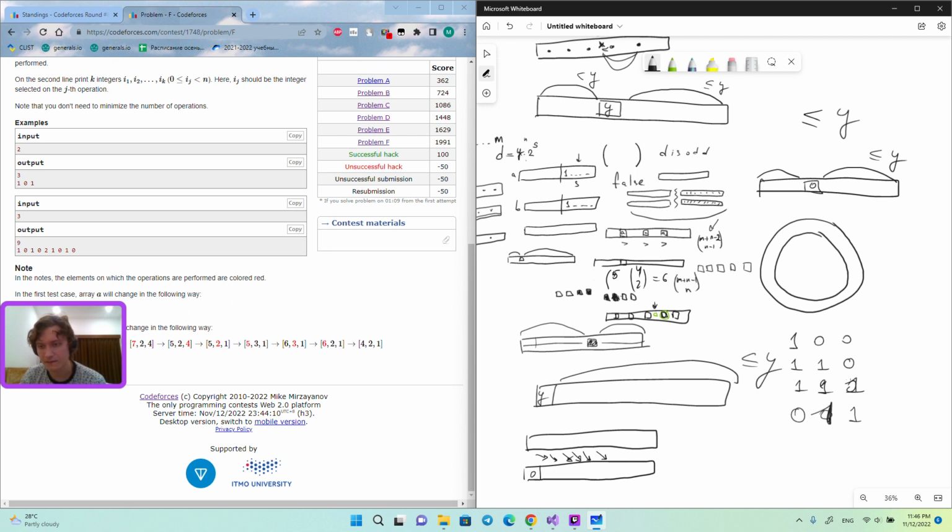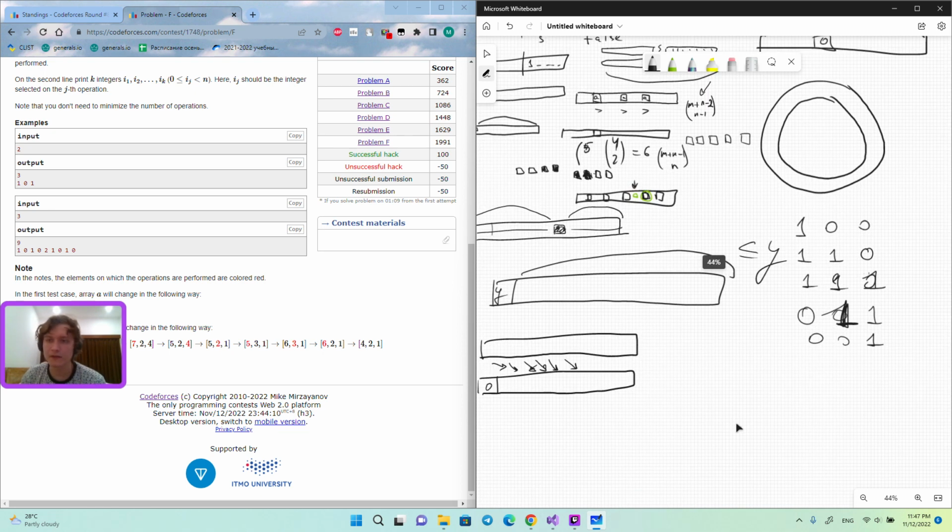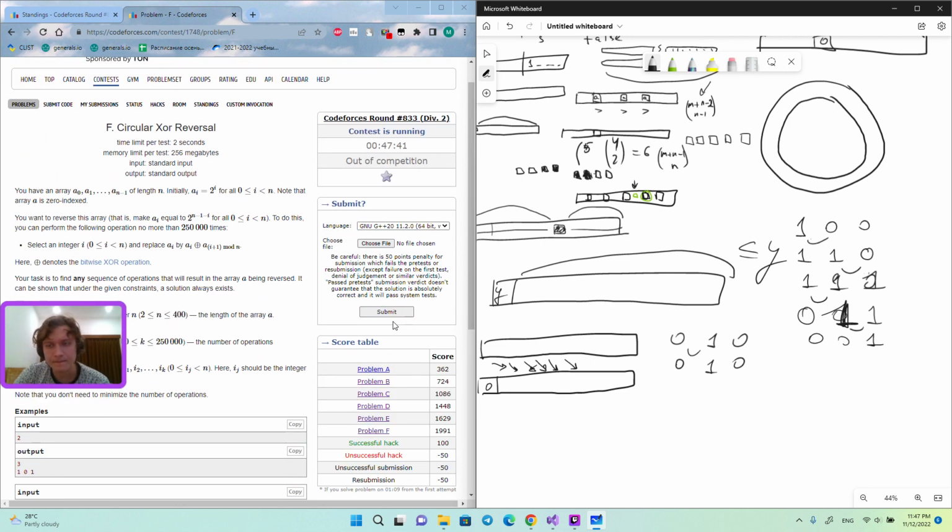No, like this. It will work for other numbers, for example, this one. So I chose this, this, this, and this. Select an integer and replace AI by AI XOR next one.